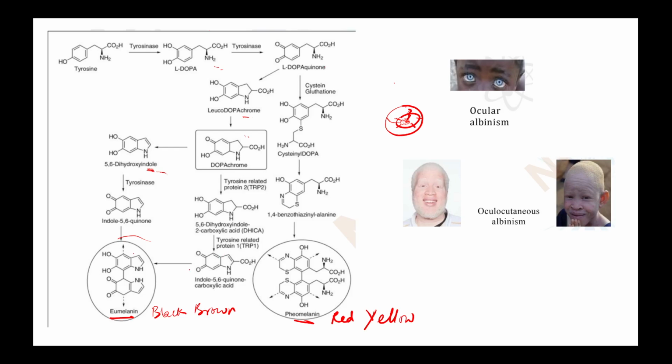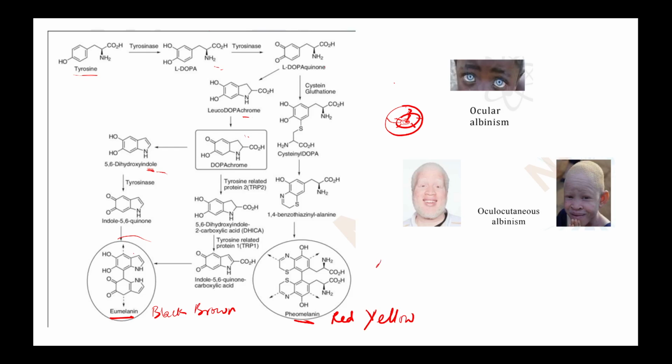So in different individuals, the amount of melanin content is different, okay? And the structure of melanin also differs. So tyrosinase converts tyrosine into these melanin pigments, and lack of these pigments can lead to albinism.